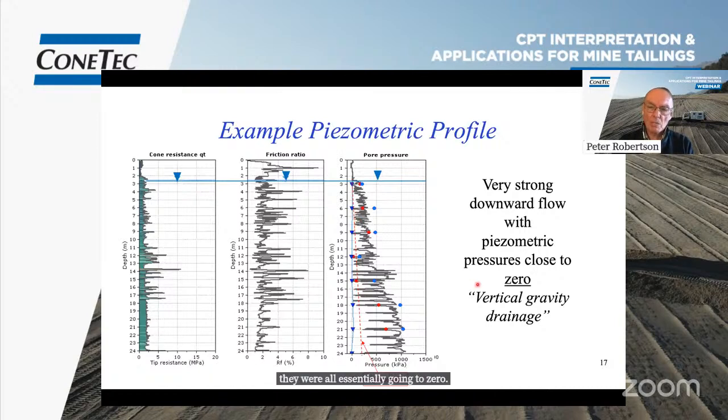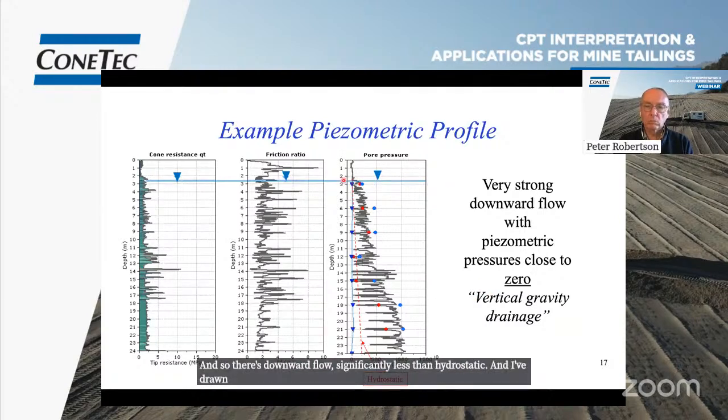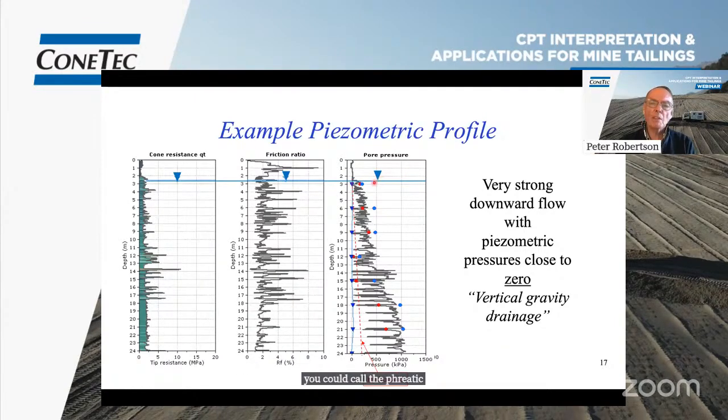And so that means there's vertical gravity drainage. So the flow is going straight down, and so the pressure heads are zero. And so the total head is just the elevation head. And so there's downward flow, significantly less than hydrostatic. And I've drawn what you could call the phreatic surface, but really it's the line that represents where the soils are saturated. So the soils are saturated and there's vertical gravity drainage.